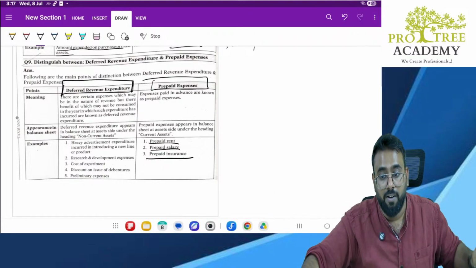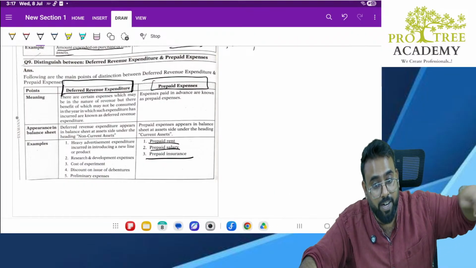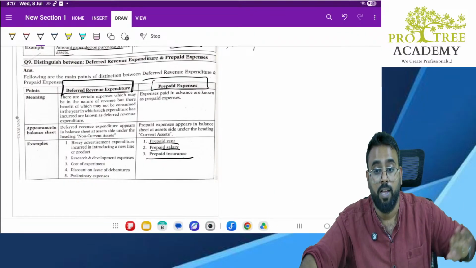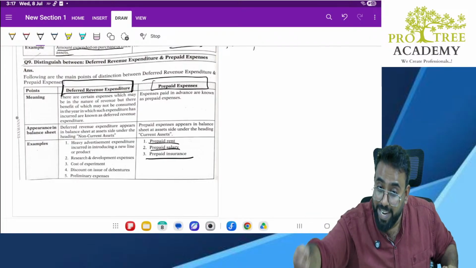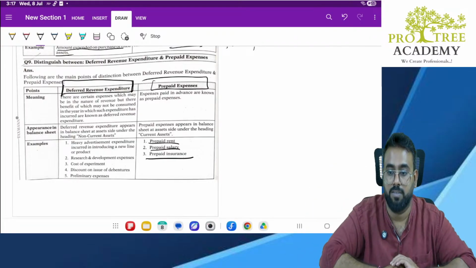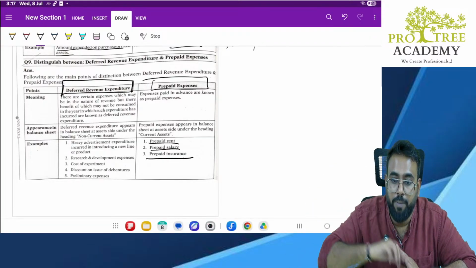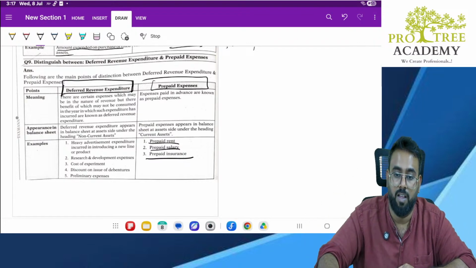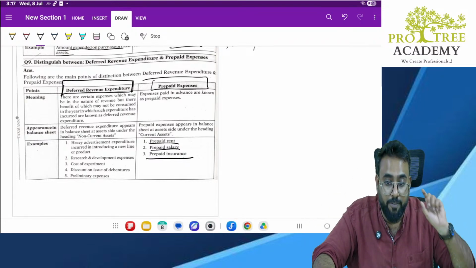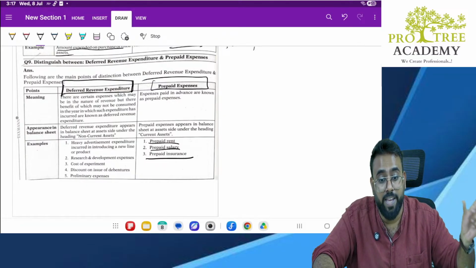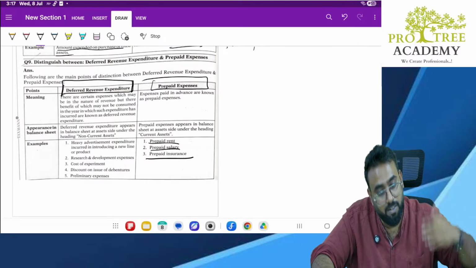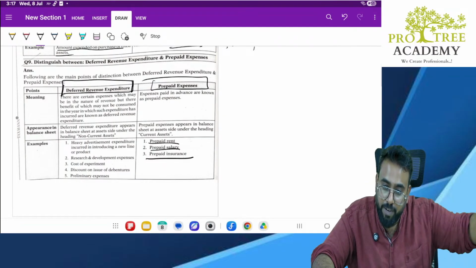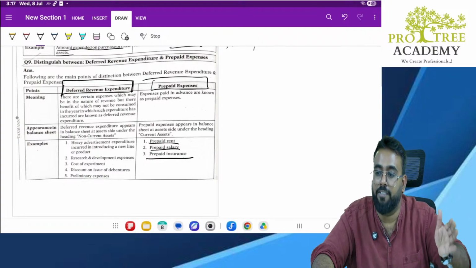In prepaid, it is not that the benefit will be derived in the next few years. No. Prepaid is something which we have paid in advance. Prepaid, the word is advance. We are paying in advance. Understanding, everybody? Deferred revenue expenditure is not that we are paying in advance; it is already paid.